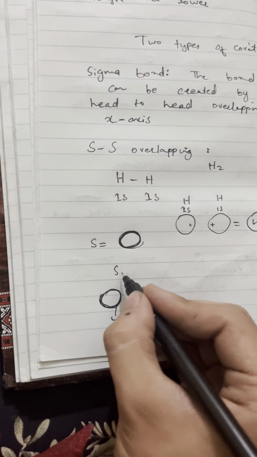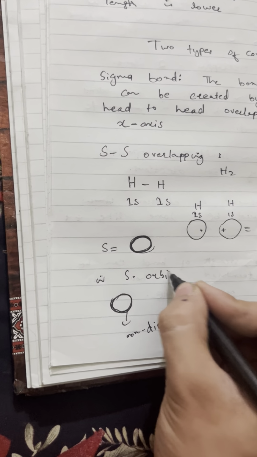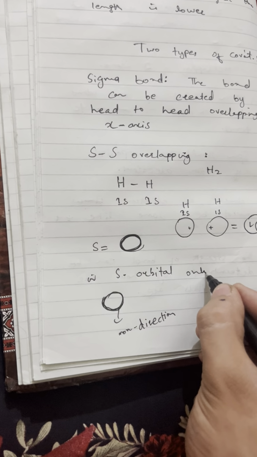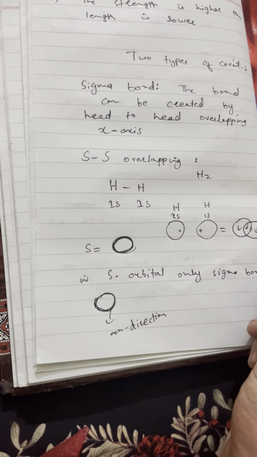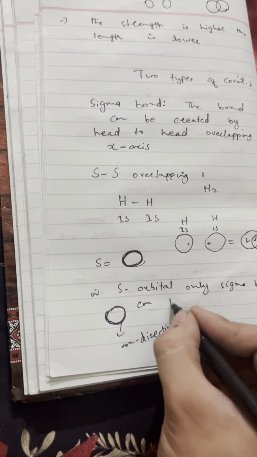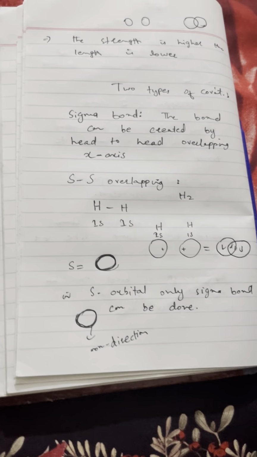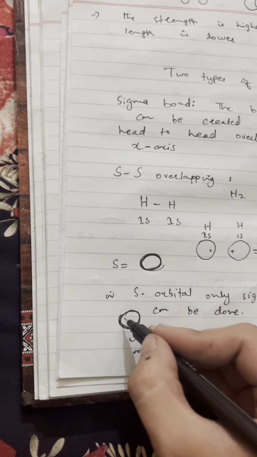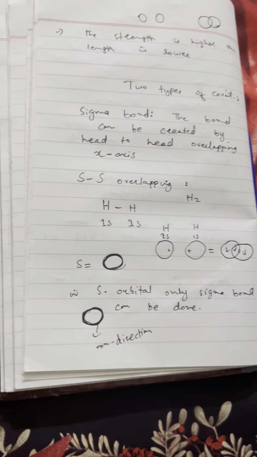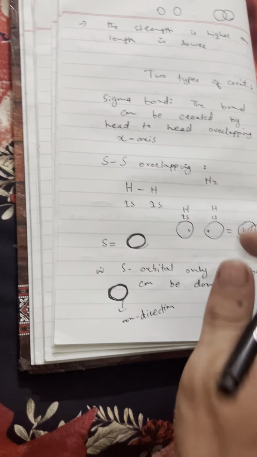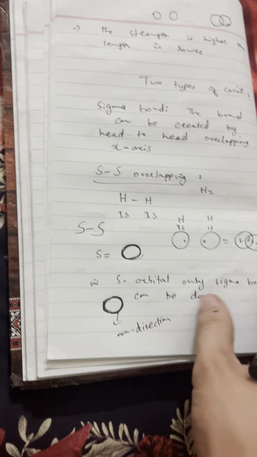In S orbital only sigma bond can be formed, because it is non-directional. The round shape has only a head, so it can only do head to head overlapping. So it is called S to S overlapping.